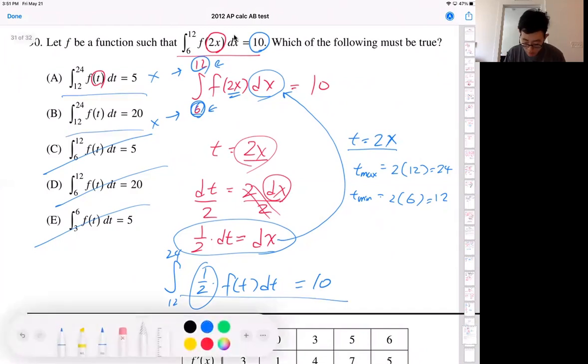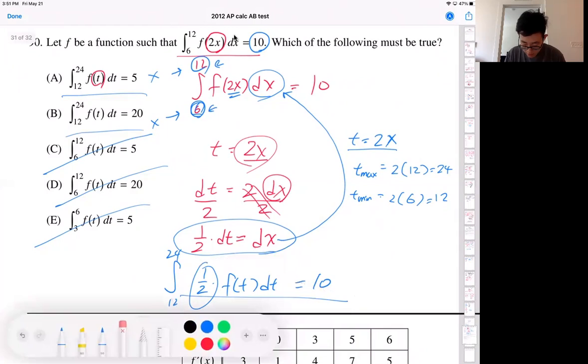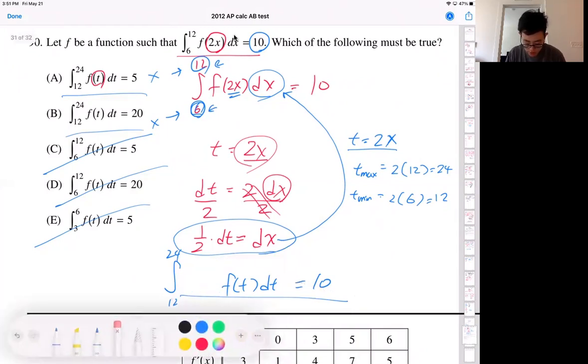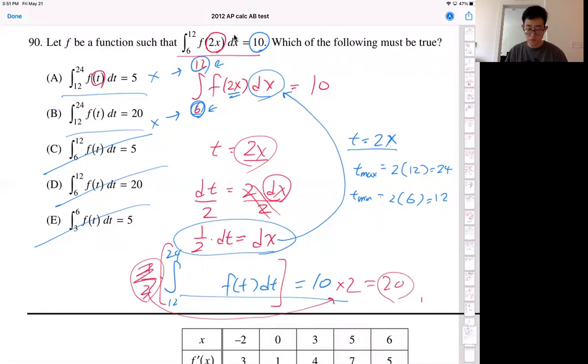The 1/2, remember, is a constant value, in which I can simply take it out in front of the whole thing like this. If I were to integrate this versus the other one that I just wrote down with the 1/2 inside the integration, it doesn't make any difference. So how do we get rid of this 1/2 to the other side? By multiplying it by 2, which gives me 20 for my final answer. So the answer has to be B.